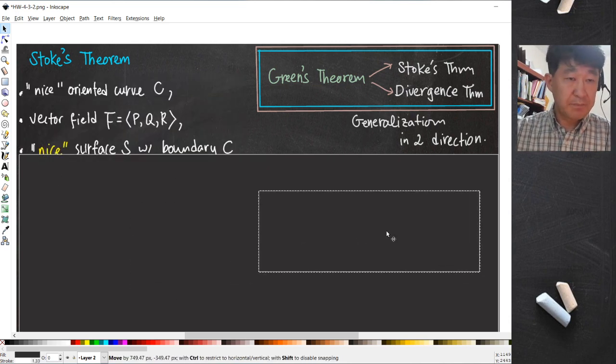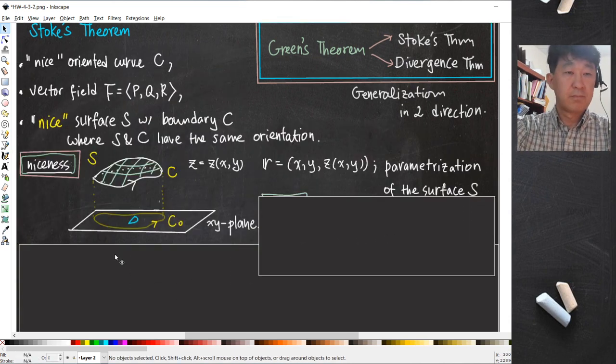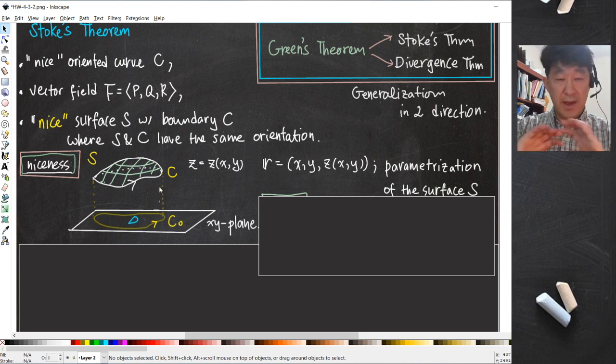First, the setup. We start with a nicely oriented curve and another condition about the surface that has this C as a boundary.